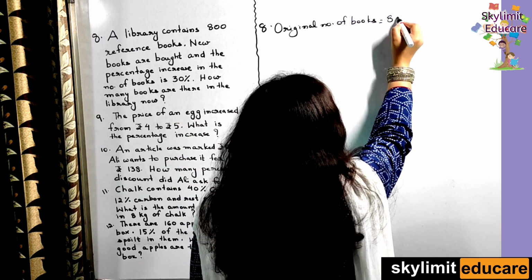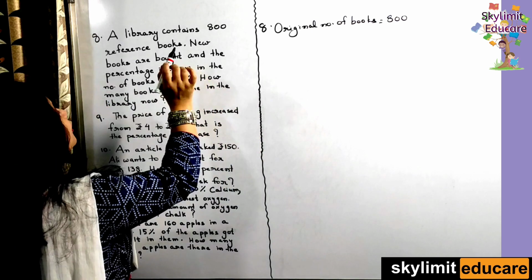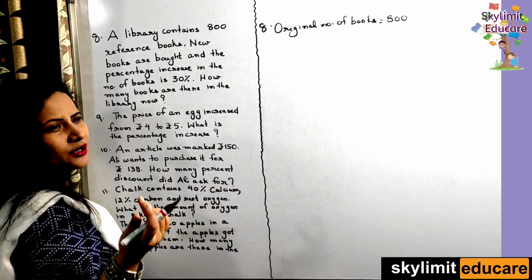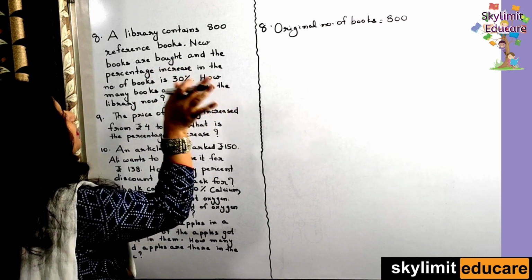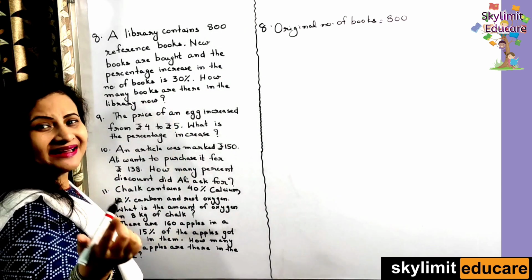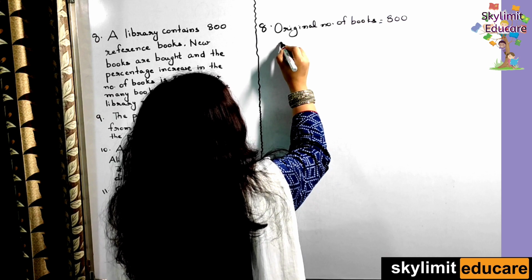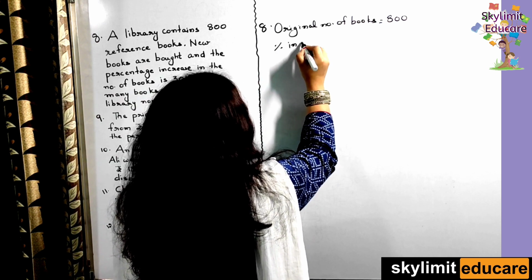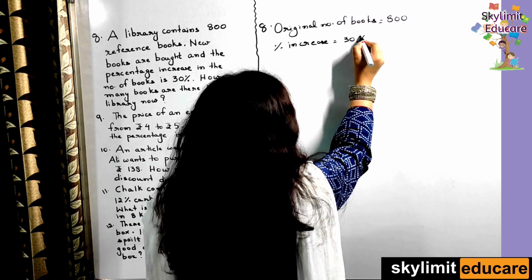800. So there are presently 800 books in the library and new books are bought. We don't know how many books are bought, but after adding those new books to the old books, there is a percentage increase in the number of books by 30%. So percentage increase is 30%.